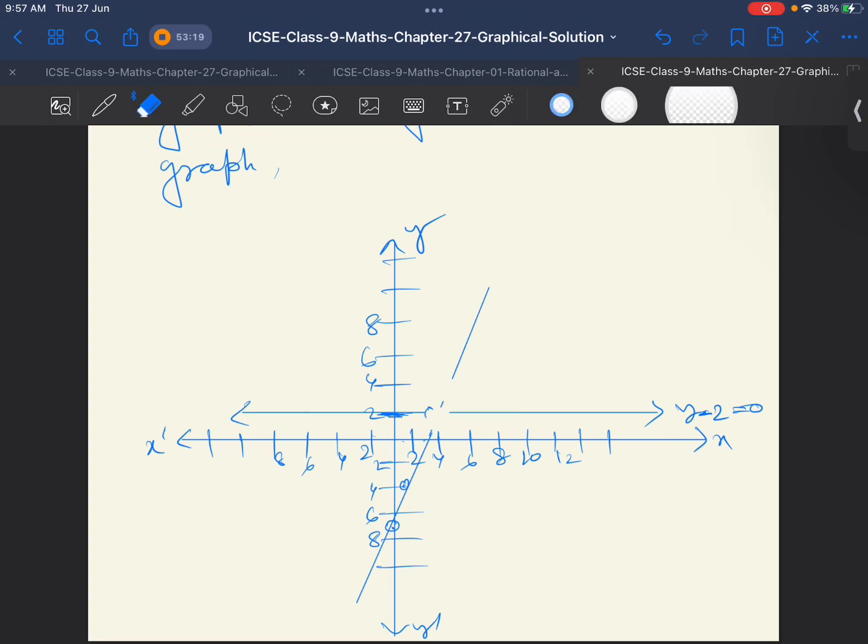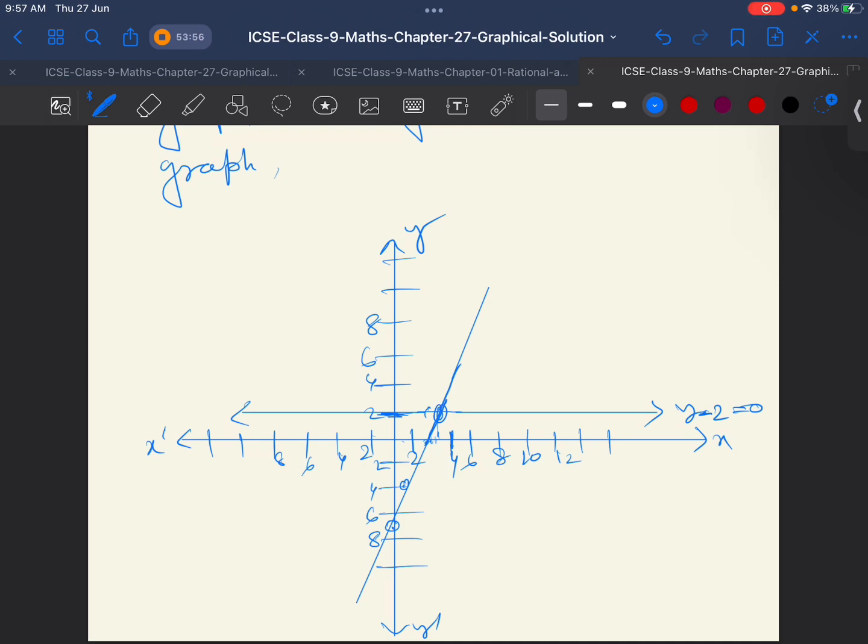So this is the line, through 1, minus 4 and 3, 2. So 3 is here, 3, 2.